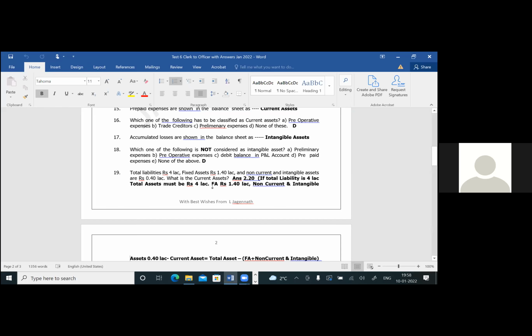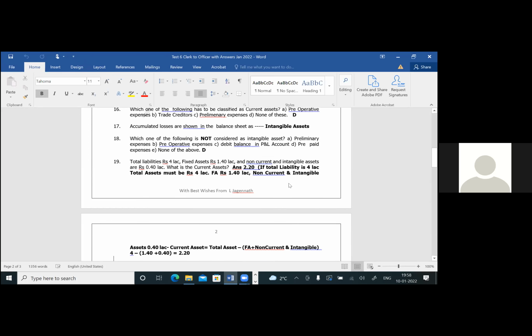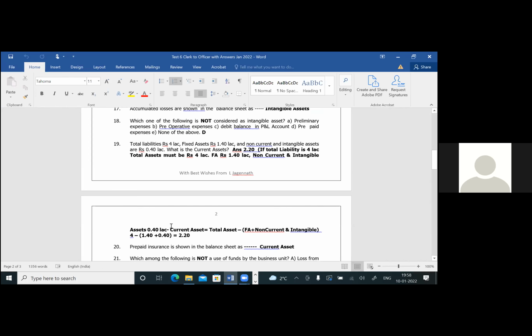So this question they asked last time. Total liability is 4 lakhs. Fixed asset is 1.40, and non-current and intangible assets are 0.40. Calculate the current asset. Answer is 2.20. How has it come? If total liability is 4 lakhs, total asset must be 4 lakhs. Current asset is equal to total asset minus fixed asset plus non-current and intangible.